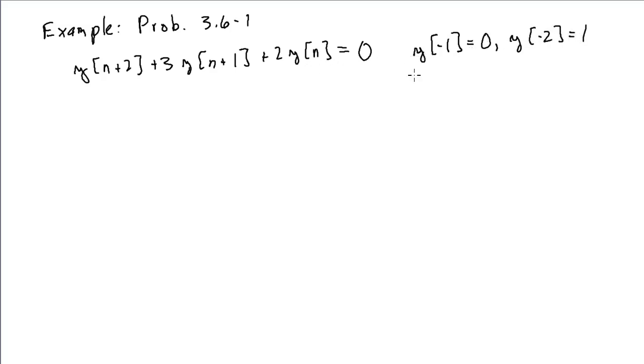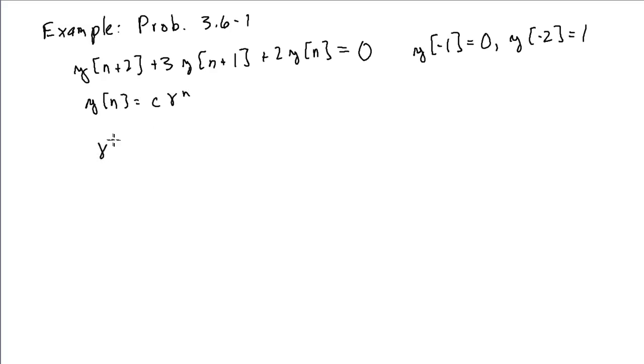For a second order difference equation, we do need two initial conditions. Again, trying a solution of the form y of n is equal to c gamma to the n, we get the following characteristic polynomial.